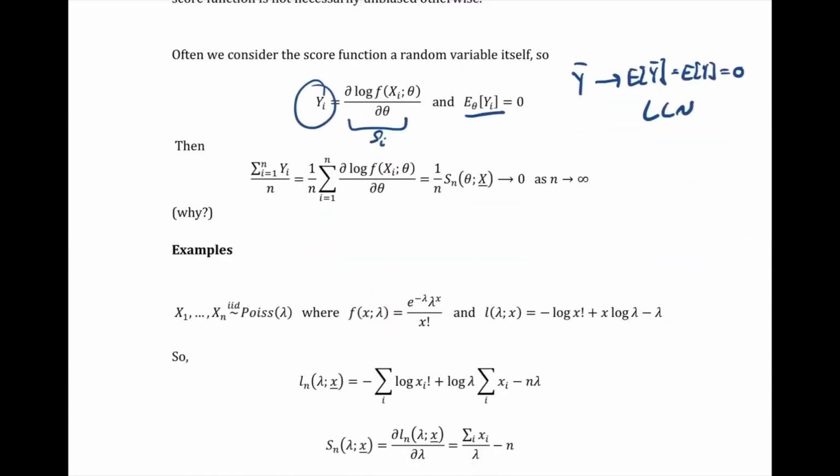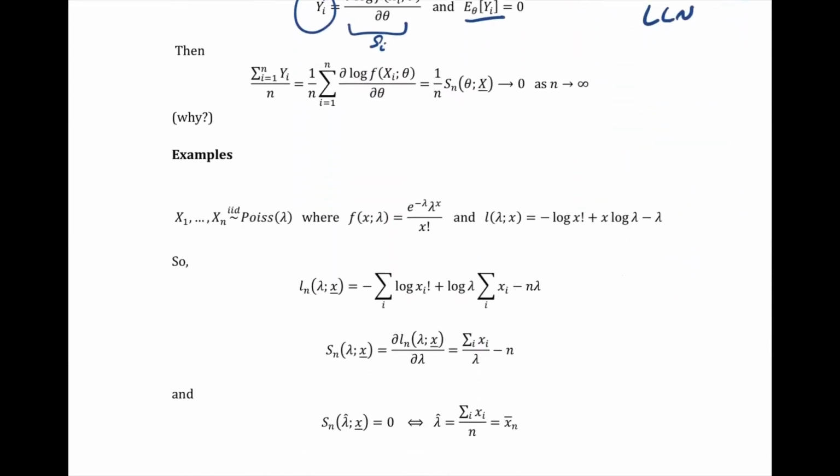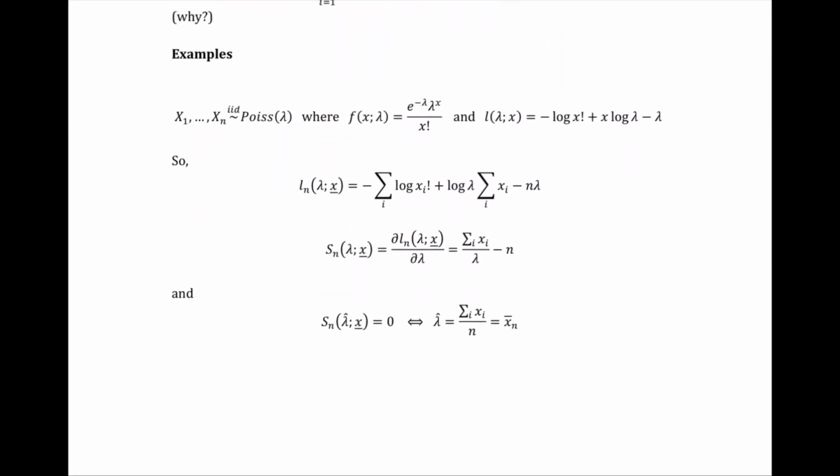Okay. And let's see how this works in practice. Let's take a look at an example. I'm going to look at Poisson data. Here's the density of the Poisson distribution. I'm going to take the log density, which is log of f of x, lambda. So I just get the log of that here. This is for one observation.